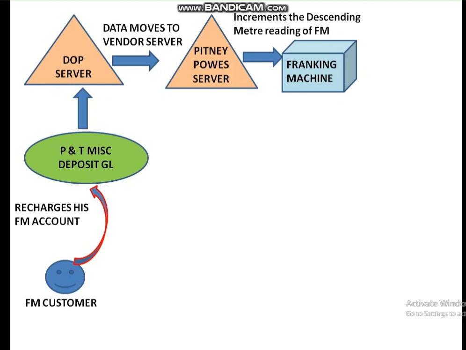The customer is using a franking machine and it will get incremented from the data obtained from the Pitney Post server. When the customer connects his machine to the internet, the data will flow and his descending meter reading will be reset. Okay, so this is the first part of accounting.